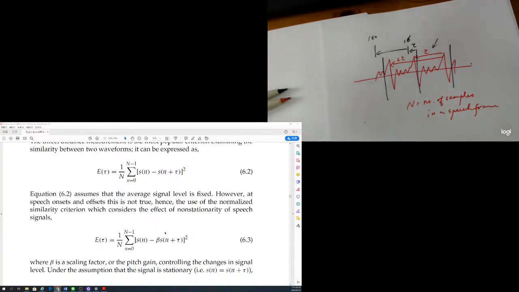Sometimes you are speaking with large amplitude, and sometimes with very low volume. So we try to overcome this kind of volume difference, and we introduce the beta value here.